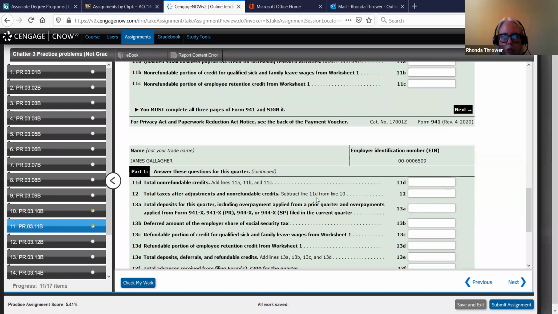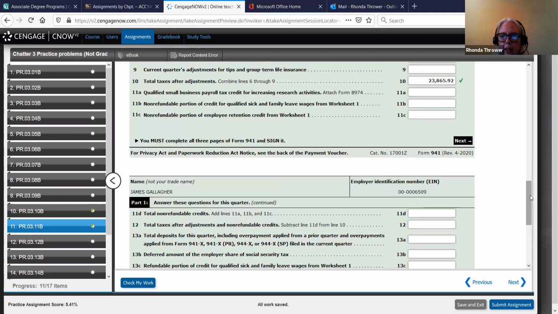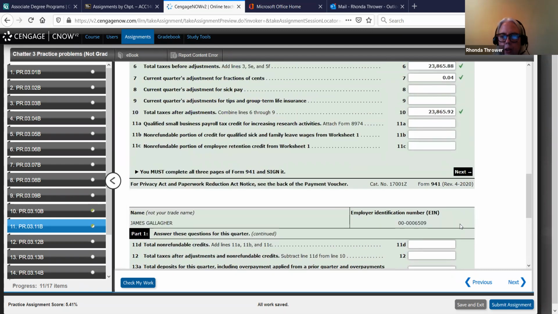And they're telling you to subtract 11D from line 10. There was nothing in 11D. Line 10 is this, so we're just going to bring that down here in line 12.